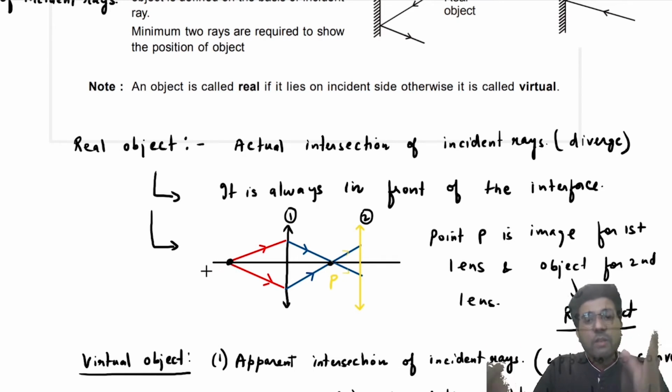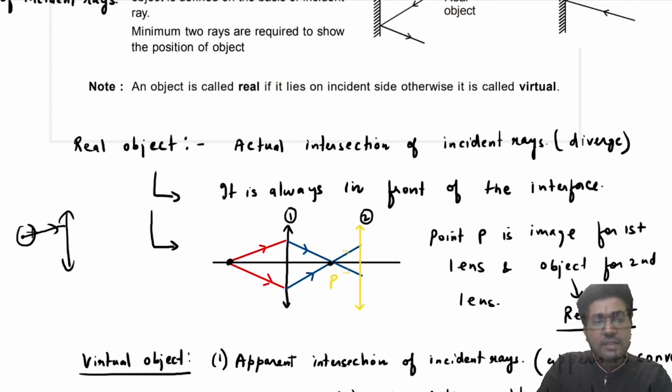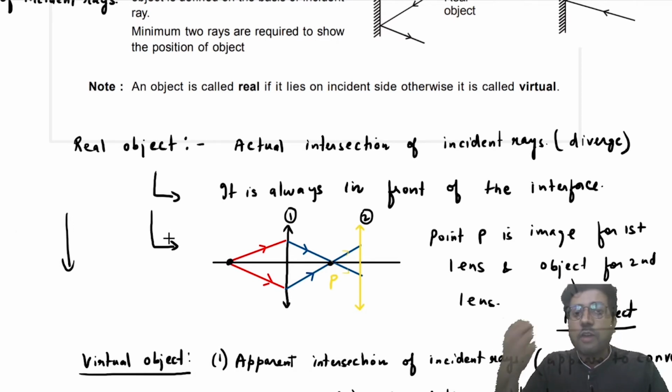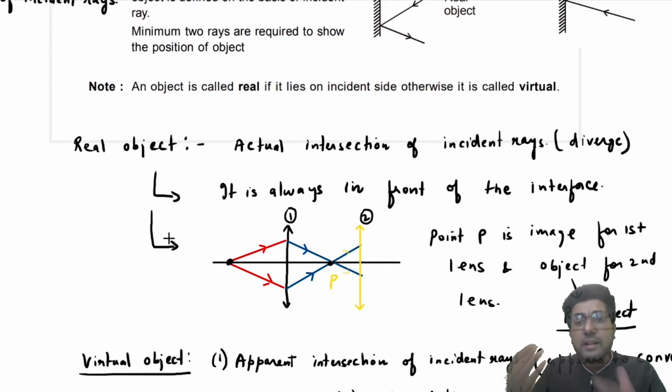Now front does not mean that it has to be on the left side. No, front means that if light is going from this side, then this is the front, but if light is going like this, then this is the front. Everybody, I hope, knows the meaning of front and behind, right? So a real object is always in front of the interface, right?